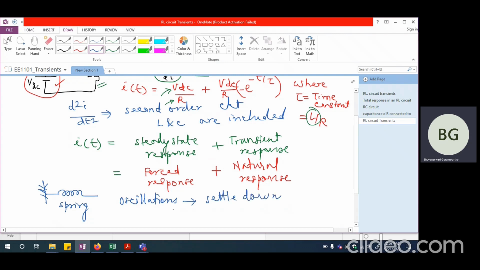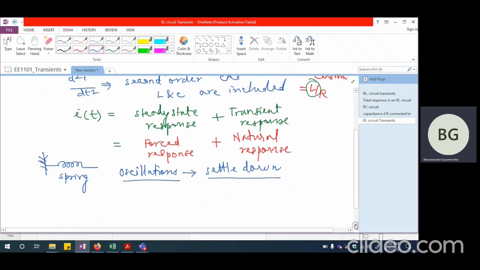So the oscillation it is going through is essentially the natural response, because you are not having any forcing function at all on this spring. And you are allowing it to settle down finally at its equilibrium position. So this is basically the steady state condition it is settling to. And the oscillations that the spring goes through for a short while are called the transient response or natural response.